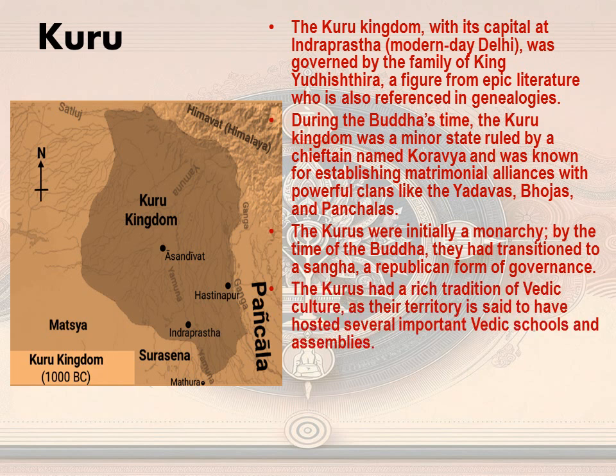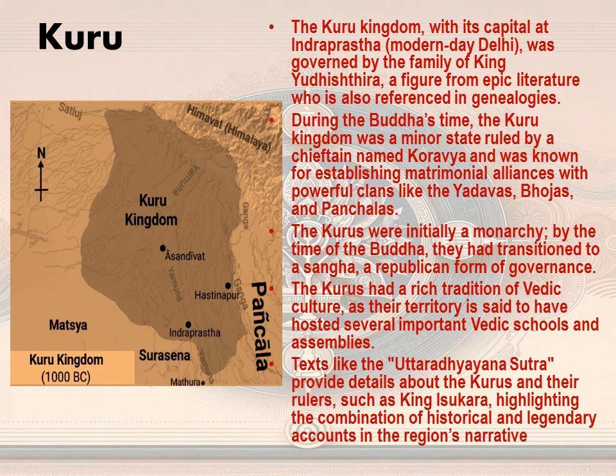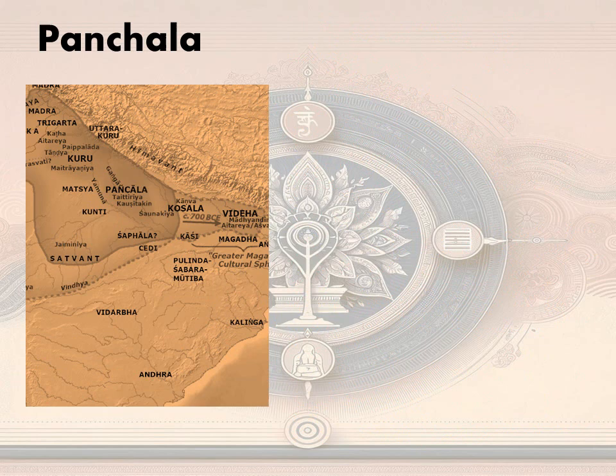Kurus had rich tradition of Vedic culture as their territory is said to have hosted several important Vedic schools and assemblies. So Kuru had a Vedic structure, and in their territory different Vedic assemblies were held. Texts like Uttaradhyayana Sutra provide details about the Kurus and their rulers, such as King Ishukara, highlighting the combination of historical and legendary accounts in the region's narrative.